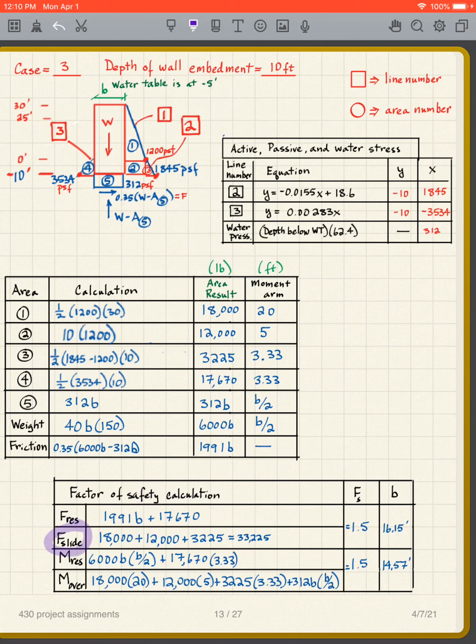The sliding force is what? What propels the sliding? It's going to be all of these actives, the 1, the 2, the 3. So 18,000, 2 is 12,000, 3 is 3225. I add those all together and I get this.